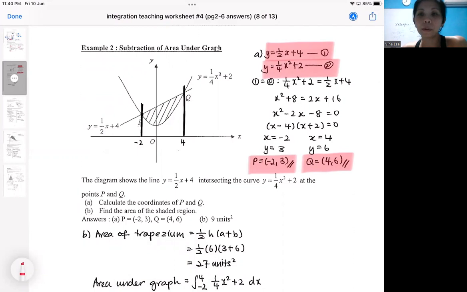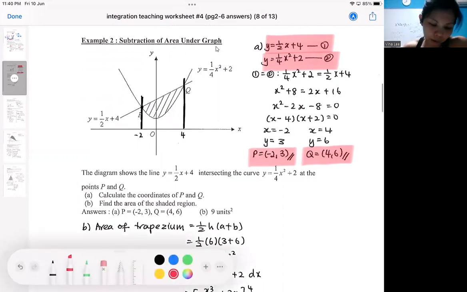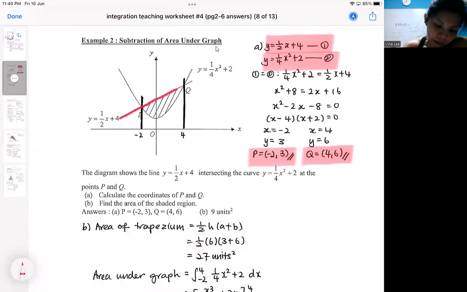So if you still remember the subtraction, I should be using the area under the straight line. Under the straight line and the two walls, remember definite integral will always calculate the area that is connected to the x-axis.